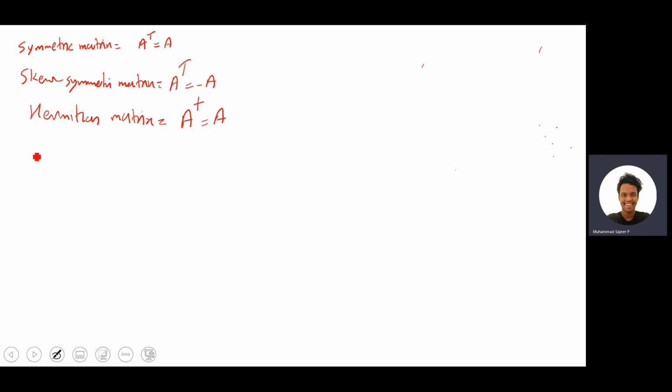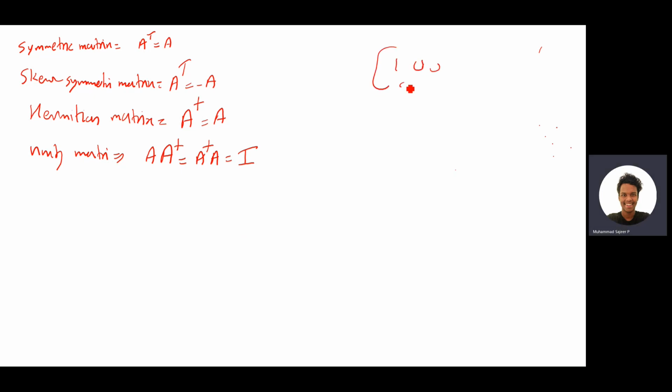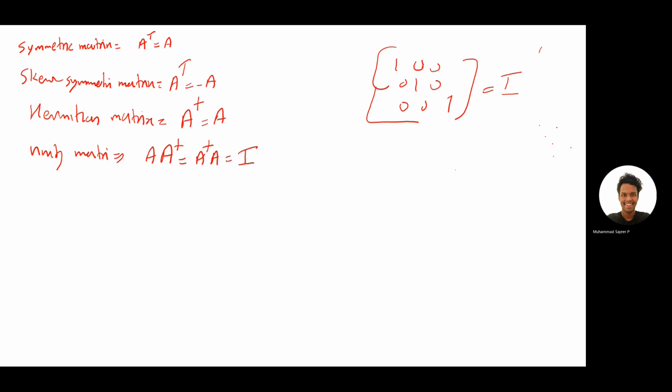For example, we have a unitary matrix. In a unitary matrix, A into A dagger should be equal to A dagger into A, and that should be equal to I, the identity matrix. Identity matrix, you know, right? 1 0 0, 0 1 0, 0 0 1. That is a 3 by 3 identity matrix, and you can write 4 by 4, 2 by 2 or anything. So this is called a unitary matrix.